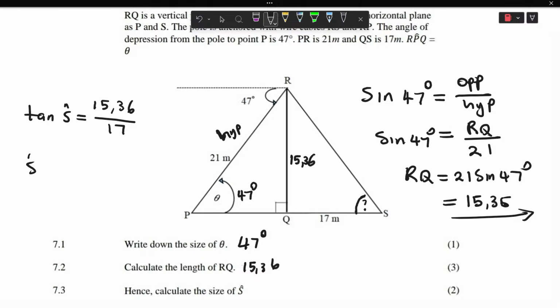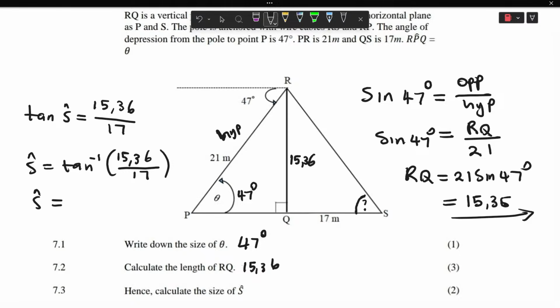Then you say angle S is equal to tan inverse, you press this in your calculator, 15.36 over 17. All right. Then you give me that angle.